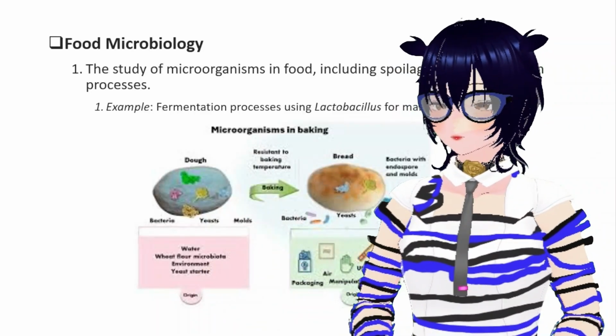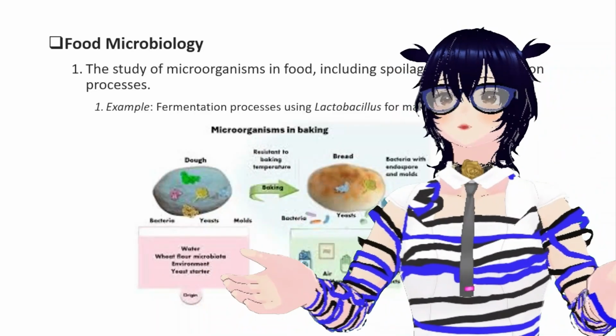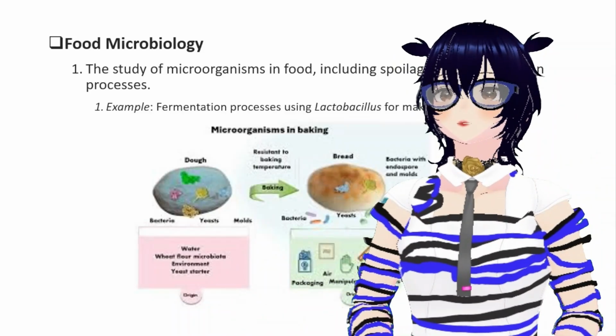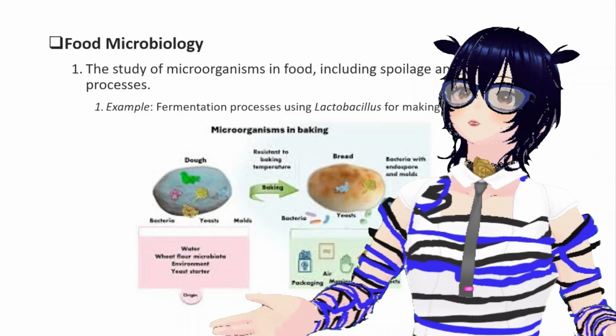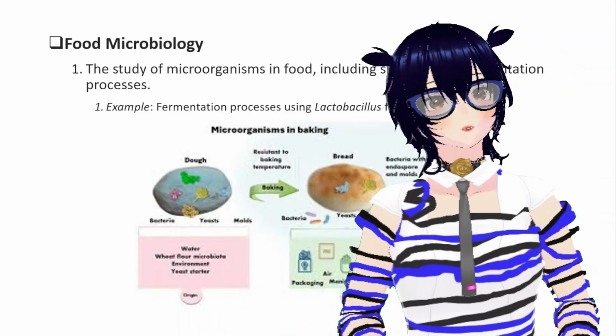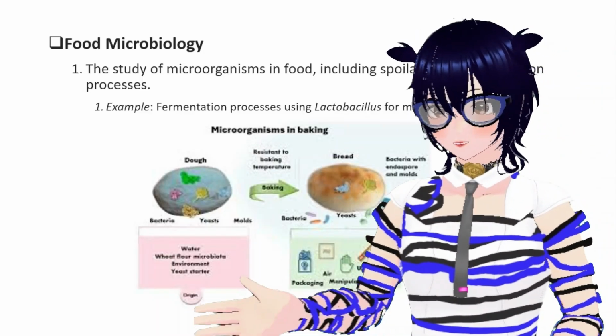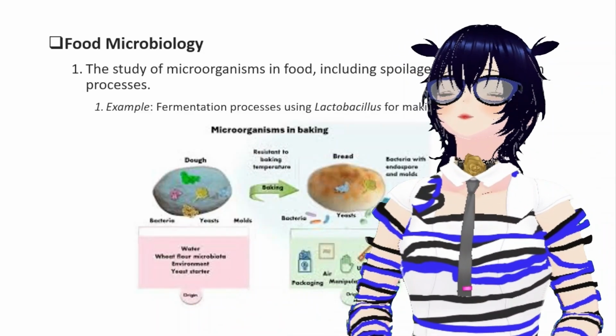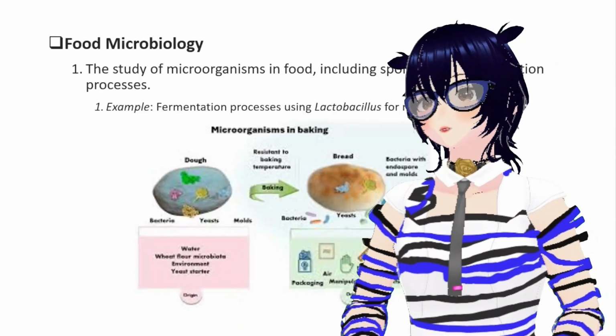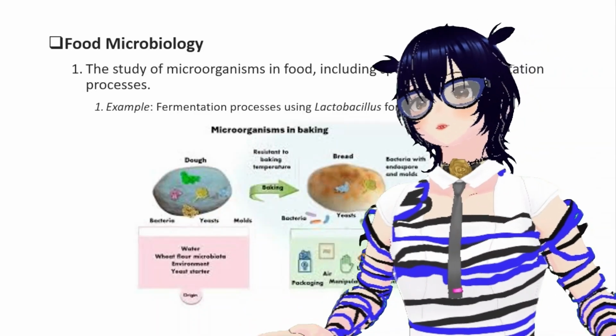And those we are studying in the food microbiology. The Saccharomyces cerevisiae produces carbon dioxide in the food dough and causes the dough to puff up, and then we put it in the oven and then it gets into the bun, things like that.